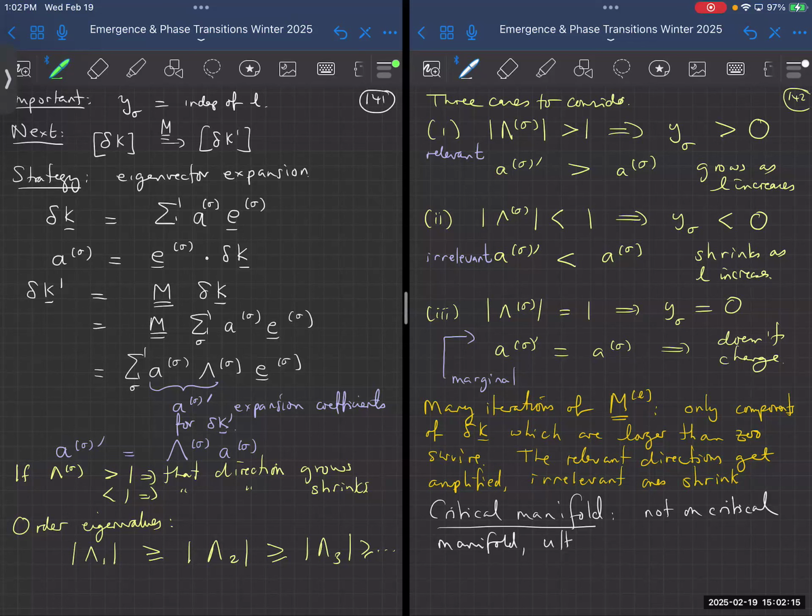Then ultimately, the vector K under renormalization will flow away from it.